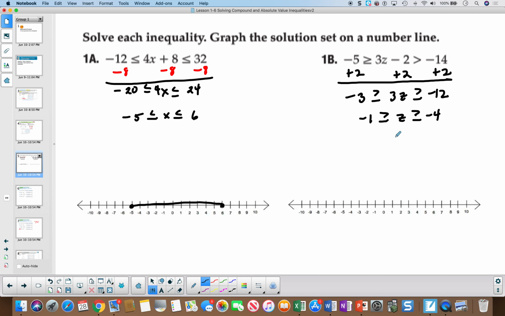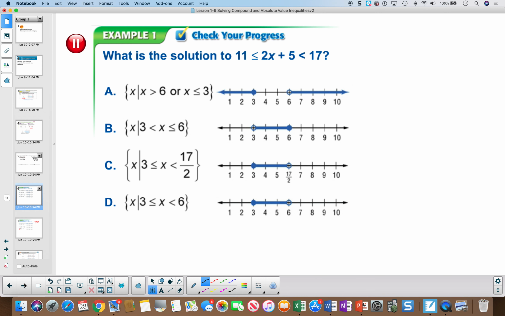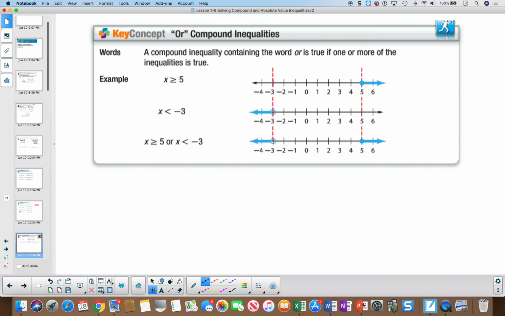I really like the lowest value first: -4 less than or equal to z, which is less than or equal to -1. So -1 is the greatest value with a closed circle, and -4 is the least value, and all values between. All right, pause and do the problem. And here's the answer.